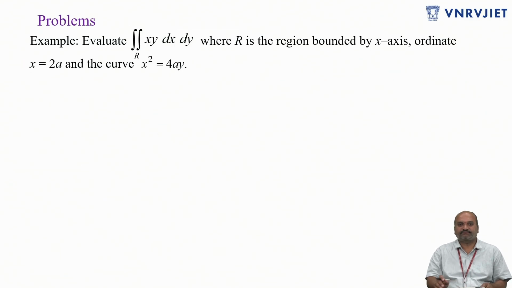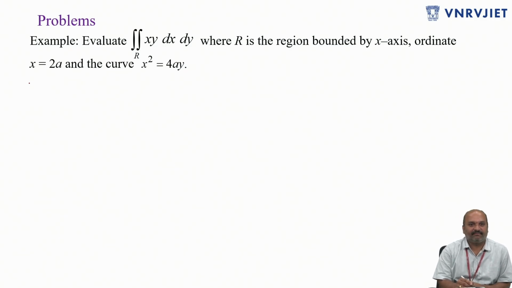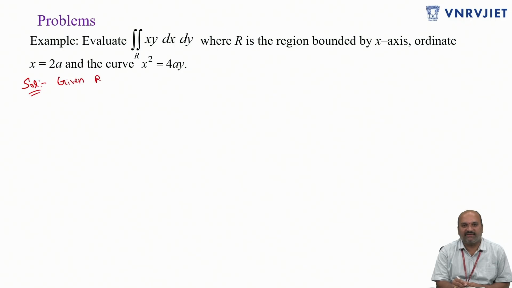Now we evaluate a problem in which limits are not given. The region is bounded by some curves. Let's see. Given that the region R is bounded by, first, the x-axis.